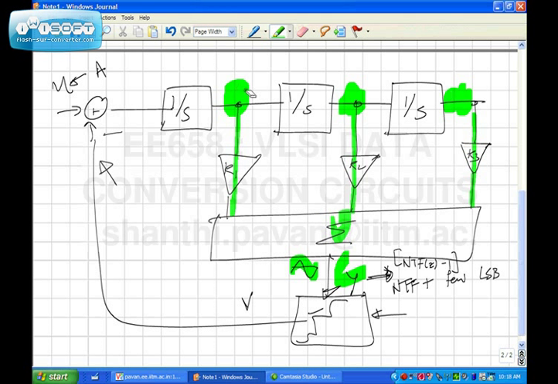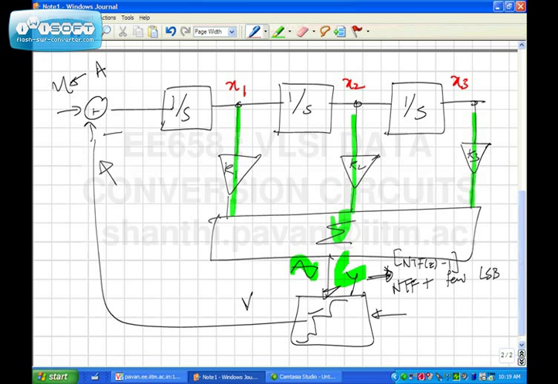So let me call these state variables x1, x2 and x3. You can run simulations and find the maxima of x1, x2 and x3, and they will come out to be some numbers. You want to make sure that these maxima are all below a certain limit, depending on the swing of your integrators.